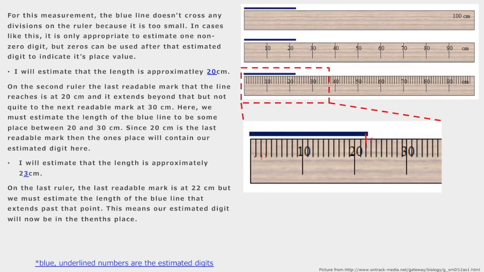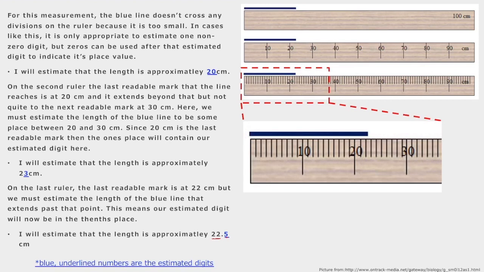It looks like it's about halfway between. So because that looks like 22, and it's about halfway to the next one, 22.5 centimeters. All right. And so now I have 2 certain digits and still 1 uncertain digit.